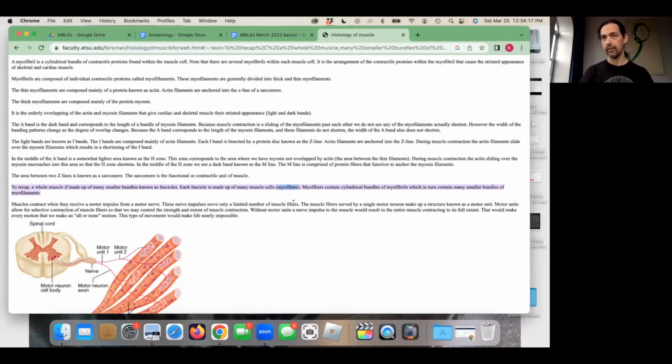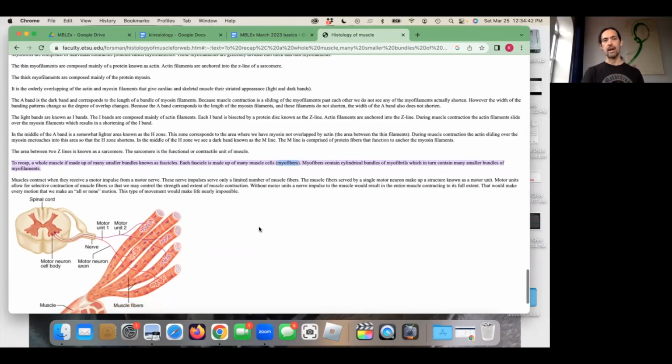So you have muscles, which are made up of many fascicles. Each fascicle is made up of many muscle cells, and those are called myofibers. Myofibers are made up of bundles of myofibrils, which are cylindrical structures, and then each myofibril is made up of myofilament.